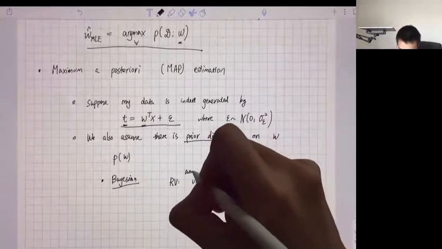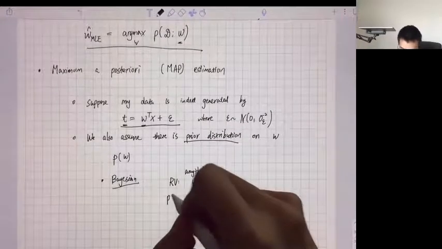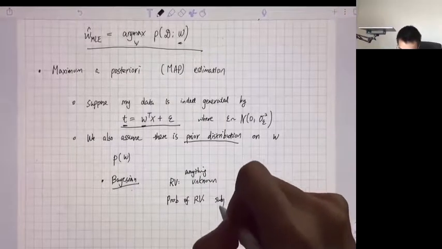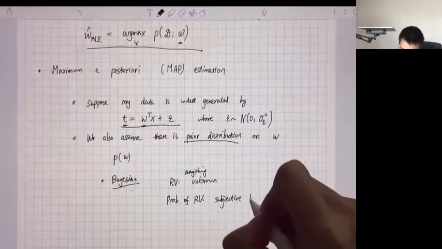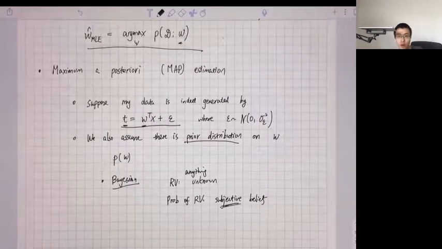And the probability of the random variable is our subjective belief. It's subjective, but some people have a good intuition, then they have a better machine learning model. Some people have a worse intuition, then their machine learning model is worse. So it's subjective belief.